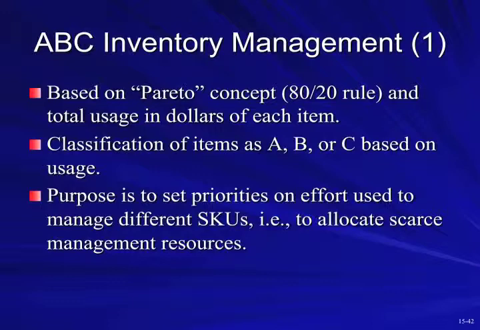So your A items are the ones that are sold the most and used the most, so you manage them in a different manner. Your B items are lower volume level. Your C items you might not manage the same way, and you might just say we'll do that on a special order basis because the frequency isn't enough to try to manage it the same way you do your A items.